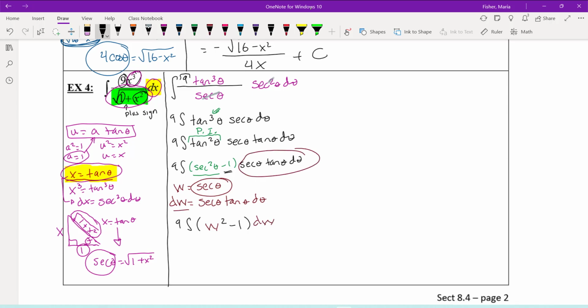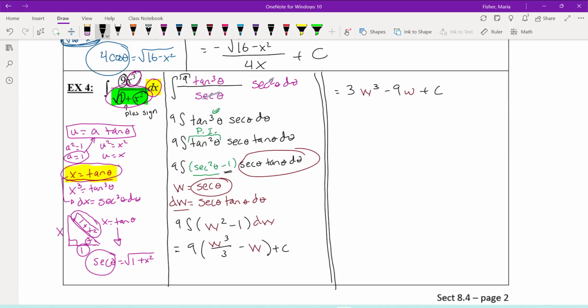Well, this is something you can integrate. Integrating, you get 9 and then w cubed over 3 minus w plus c. Moving over here to the right hand side, we end up with, if I distribute the 9, 3w cubed minus 9w plus c.